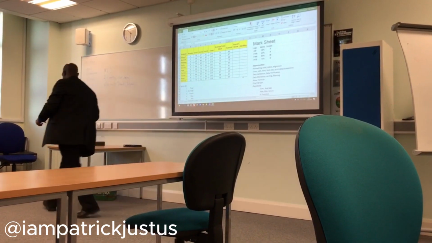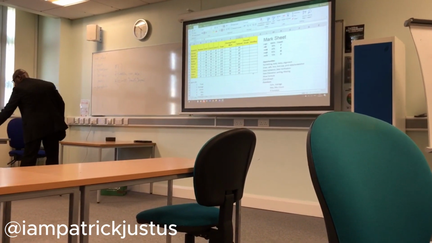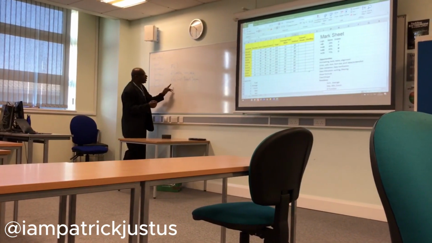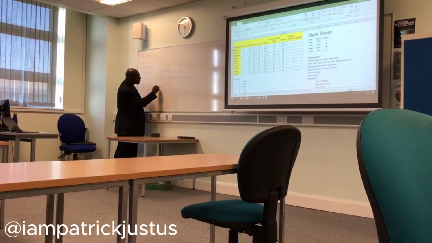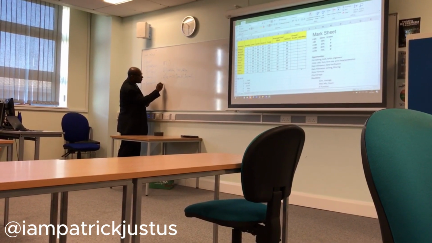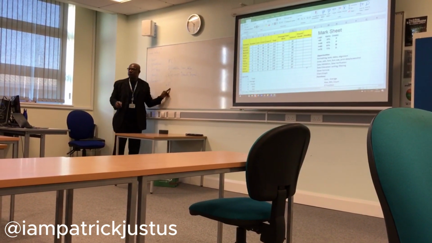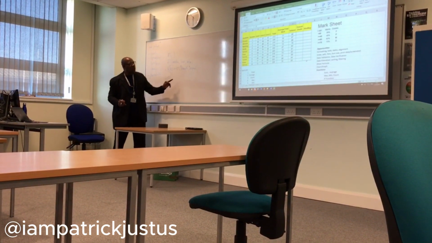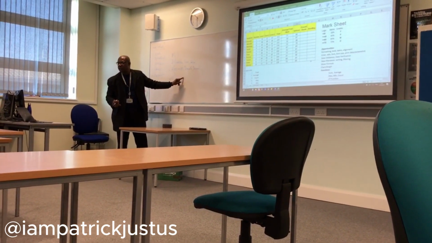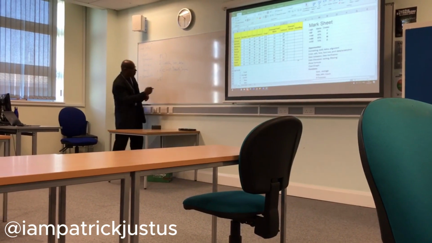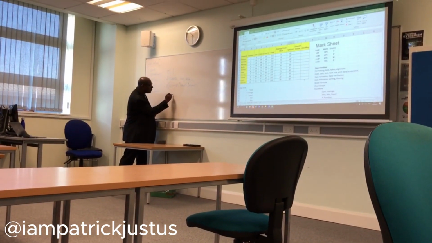So I've given you the pattern. Look once more at this, okay? So here we're going to say equals if, all right? Now, what cell is the mark? For Ahmed it is in G what?